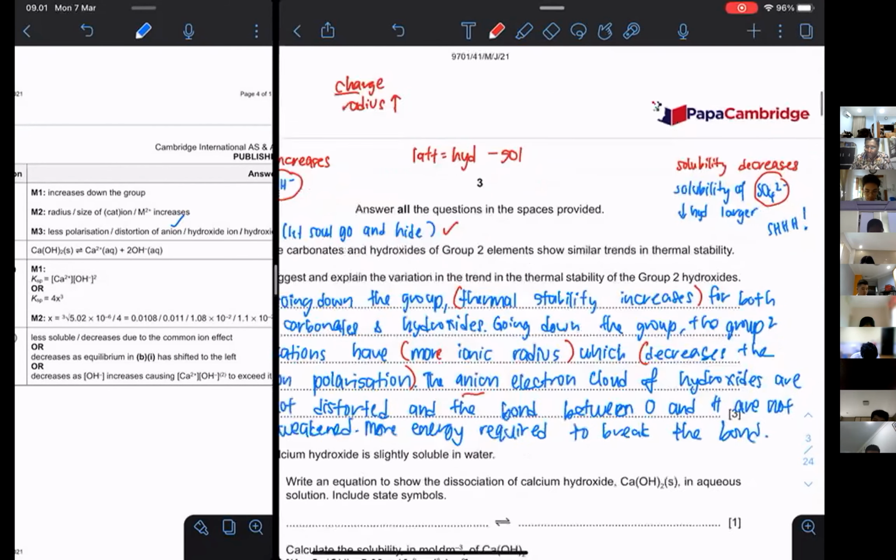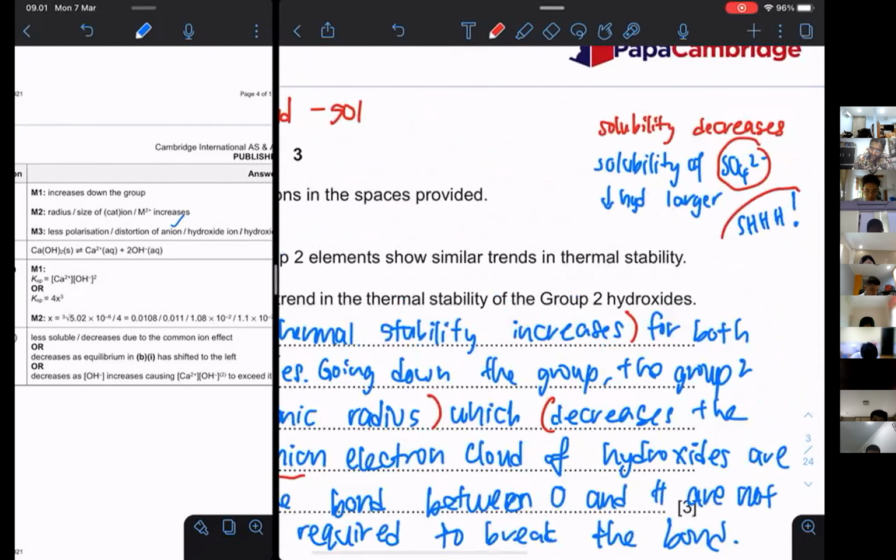The one that is dominant, if you want to remember, I ask you to remember SHH, which is for sulfate, hydration. The one that is going to be dominant is hydration. Hydration will decrease more compared to lattice energy.